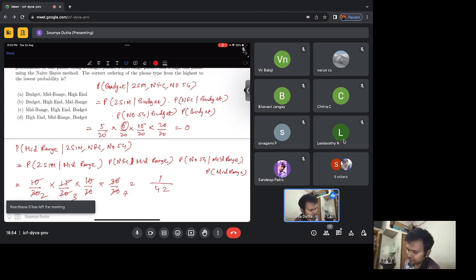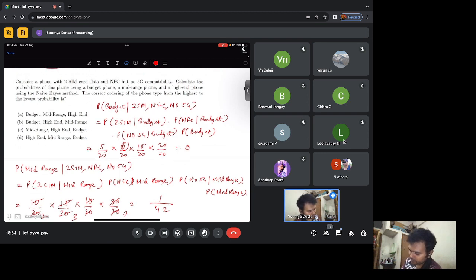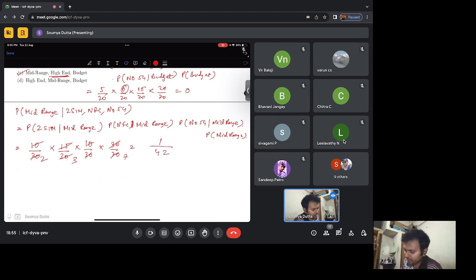So the answer for this would actually be, so budget would be of course the end, and this would be mid range, high end and budget. I did not calculate the high end part, but you can do it in a similar way, or I will do it myself maybe.